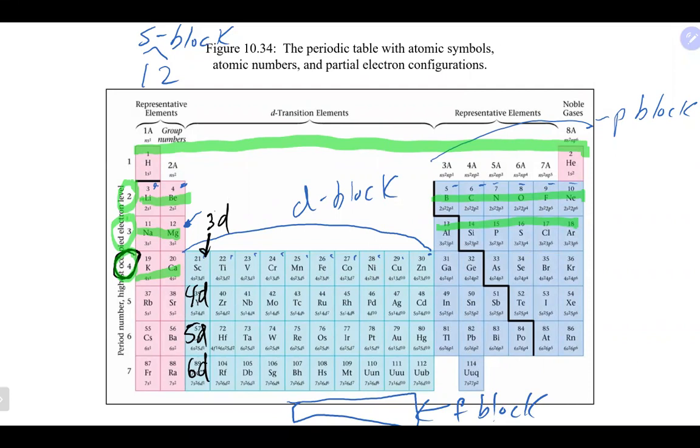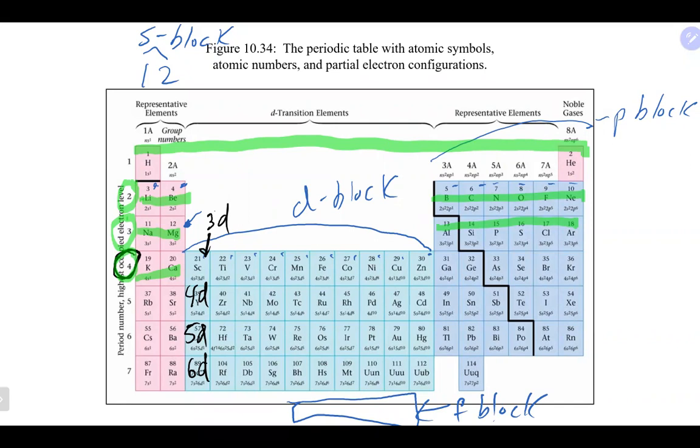And also, the d's are 1 behind the period number. Our lanthanide and actinide series here should technically go up there at period 6, but this is f. So the f's are actually 2 behind the period number. So it gets a little crazy down in that region.